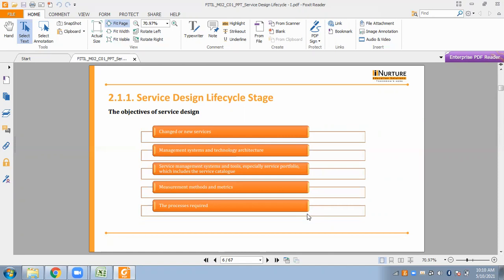Here we have five individual aspects of service design. First is the changed or new services. Next we have management systems and technology architecture. Then we have service management systems and tools, especially the service portfolio, which includes the service catalog, measurement methods and metrics, and the processes required.